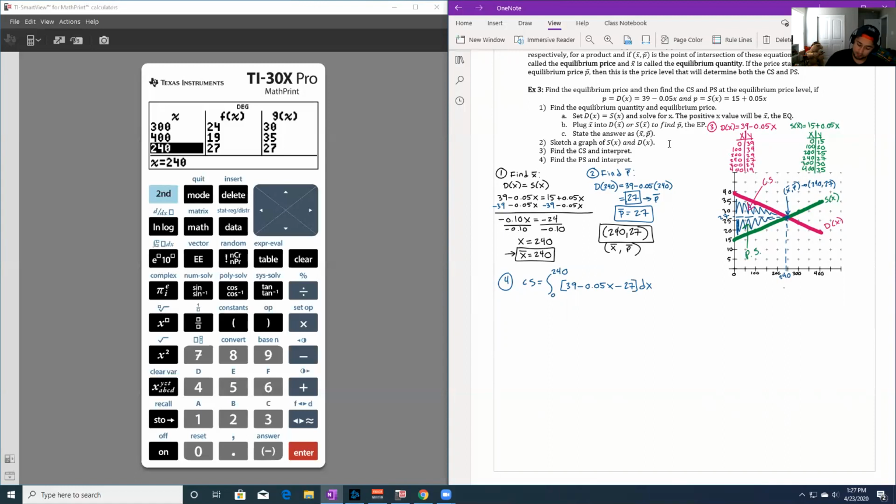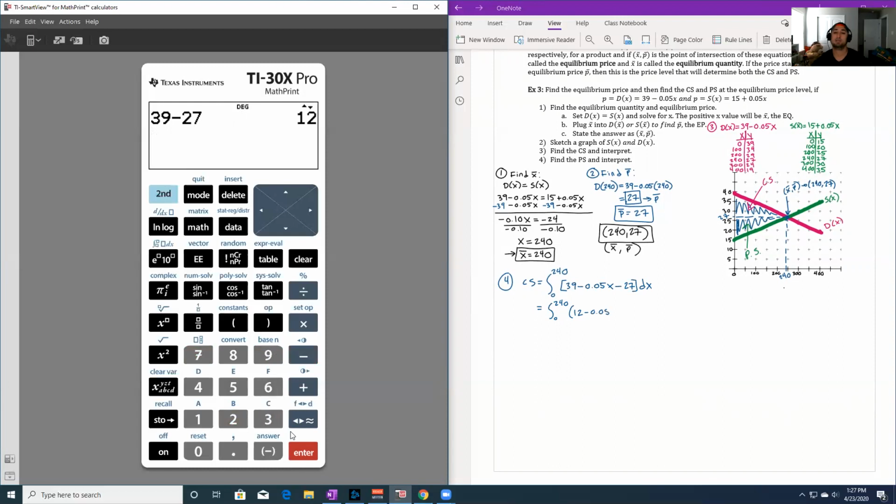Okay, clean up. The integral from 0 to 240 of 39 minus 27, is that 12? Of 12 minus 0.05x dx. And I'm sure you know how to do antiderivatives by now, so I'm just going to do this. 0 to 240 of 12 minus 0.05x.